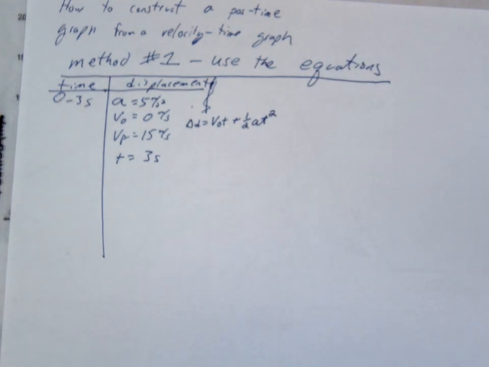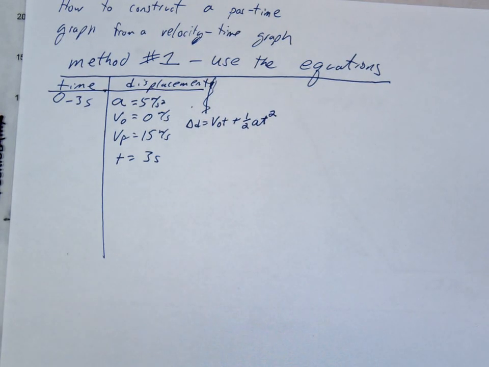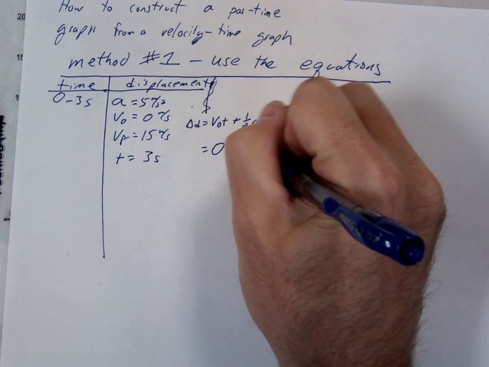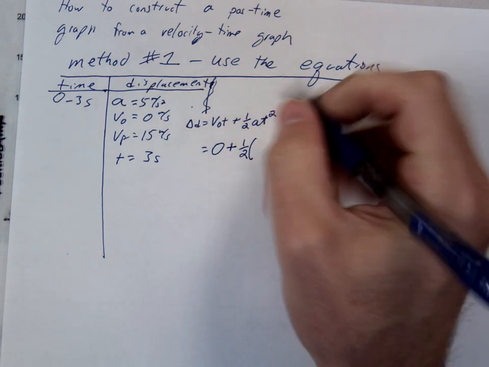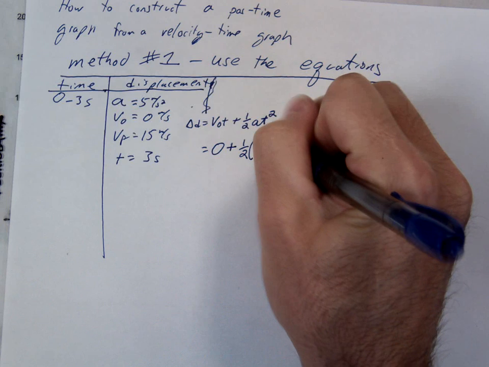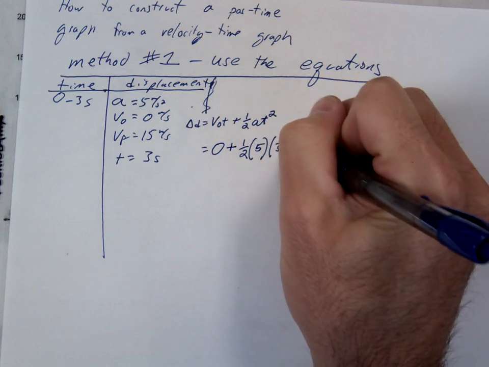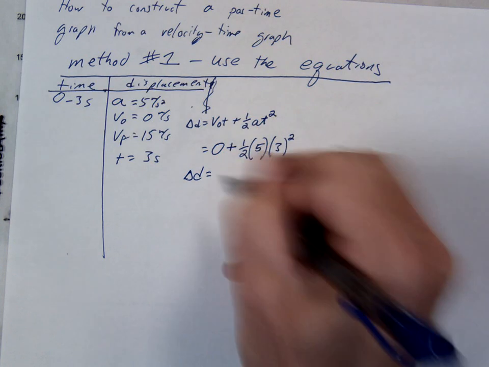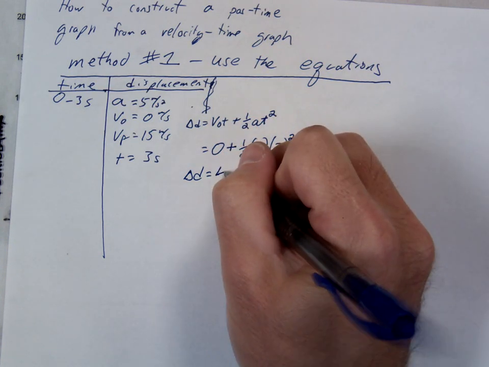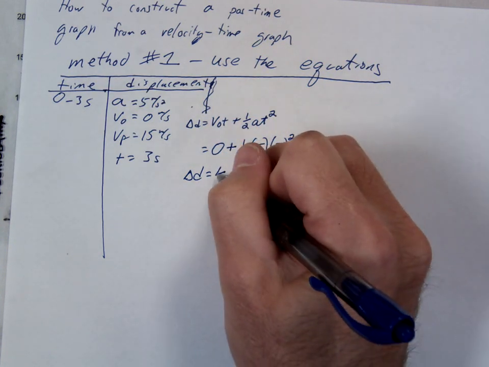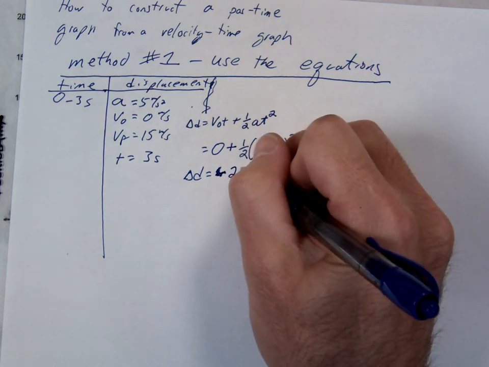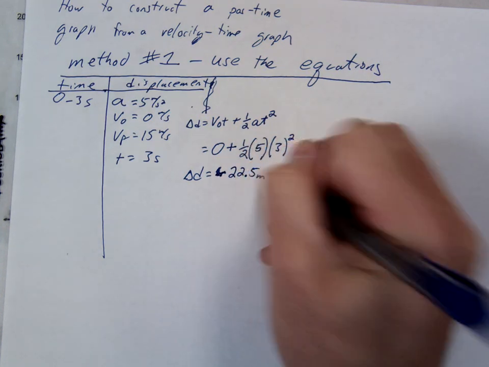When you use this equation, what's our initial velocity? Okay, 1/2 times 5 times 3 squared. So that gives us a delta d of, oops, went too far. What's 45 times 1/2? 22.5.